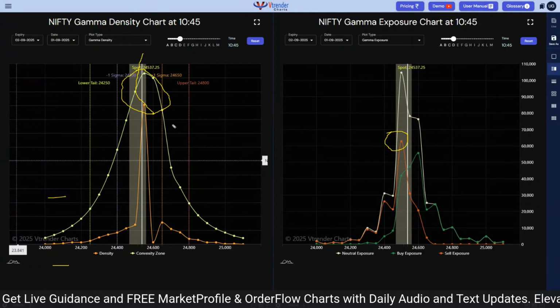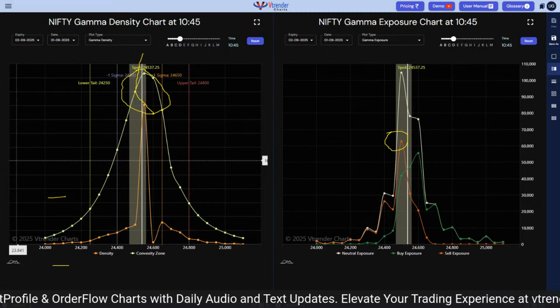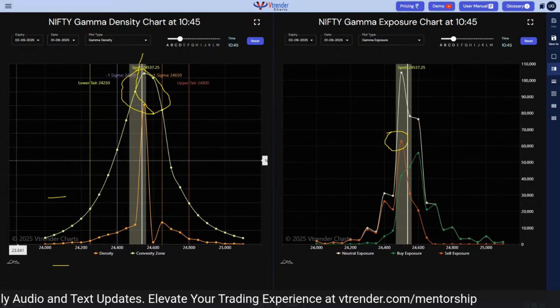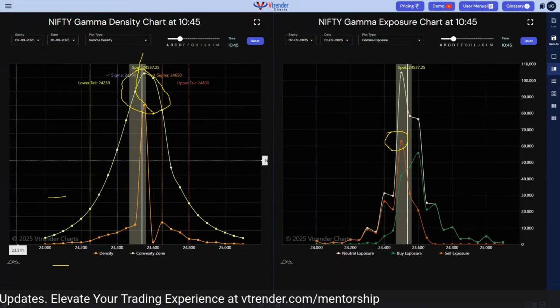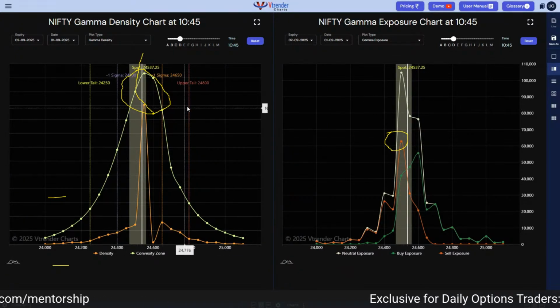So this is where you can look at going short in the 24,500 straddle. And what would be the references in them? It would be the VWAP and the POC of the day, and you can look to hold them as long as this information does not change.